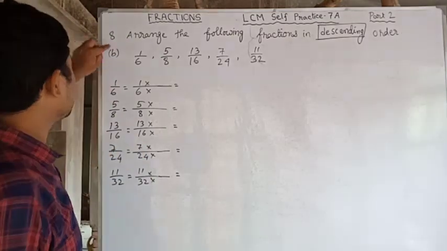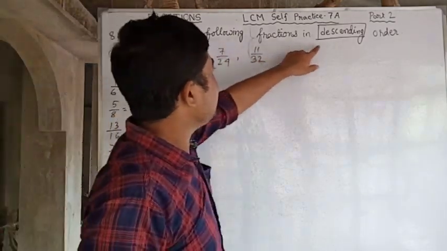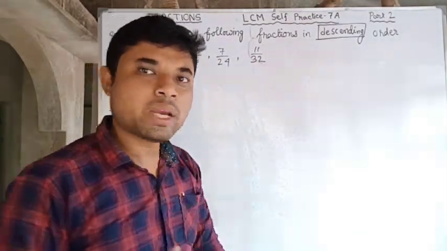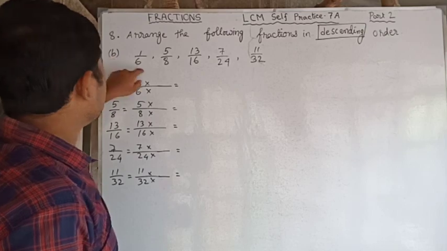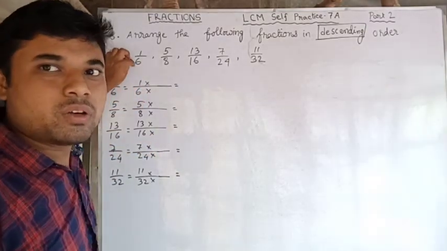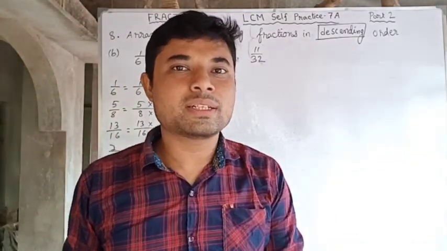Okay, my dear students, now question number 8. Arrange the following fractions in descending order, that means larger to smaller. These fractions are given. See here, neither the numerators are the same nor the denominators are the same.